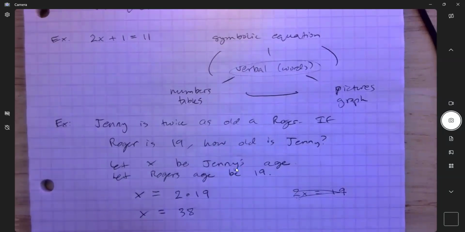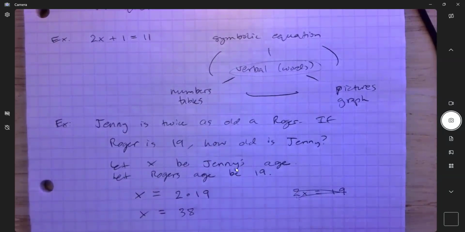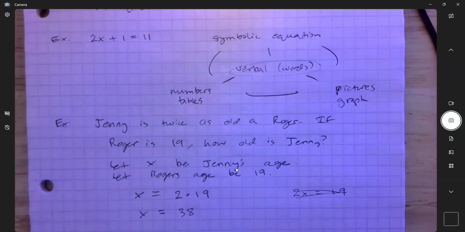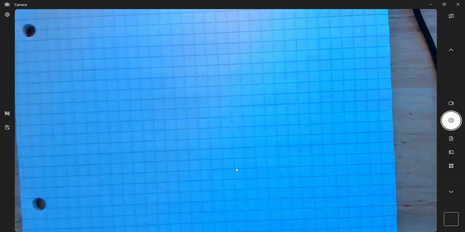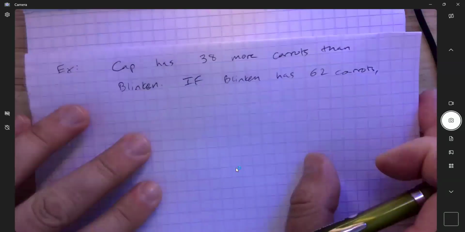Another example might be: Cap has 38 more carrots than Blinken. I'm just making names up. And Blinken has 62 carrots. Oh, you couldn't see any of them. My apologies. Okay, Cap has 38 more carrots than Blinken.